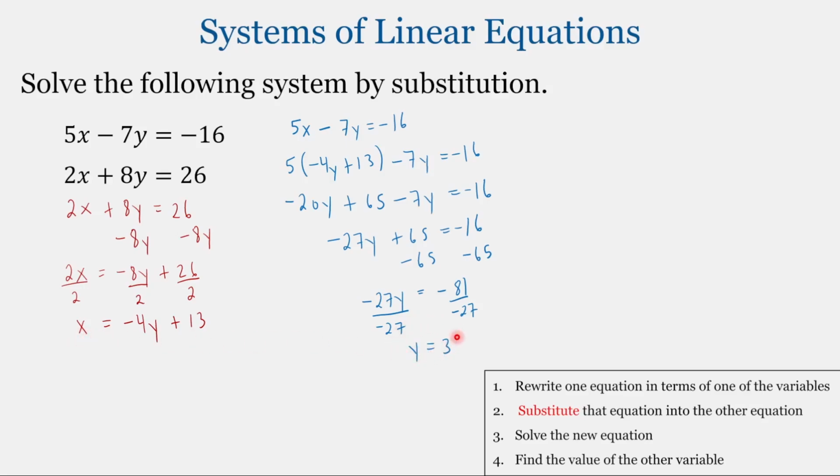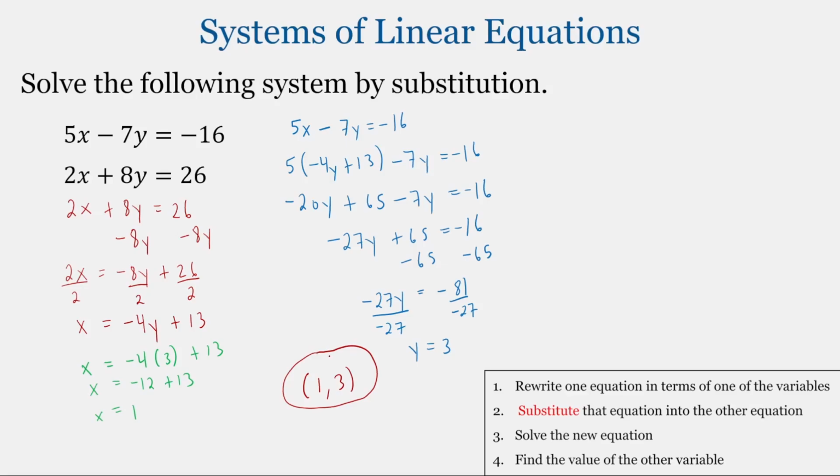So we'll take y equal to 3 and plug it into this equation. We have x equal to negative 4 times 3 plus 13. So x is equal to negative 12 plus 13. x is equal to 1. We have the ordered pair (1, 3) as our solution set.